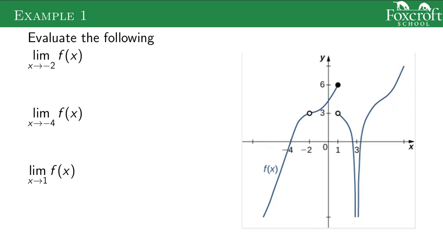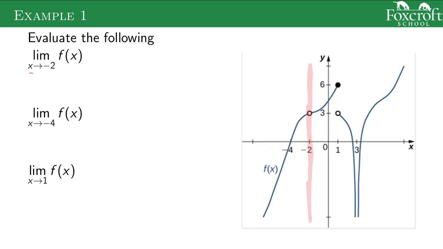All right, so in this example, we have a few different ones to look at. The first one, we have this graph. We're going to find the limit of f of x when x approaches -2. So our x value that we care about is -2, and we figure out what y values are happening there. What I like to do, especially when I have a screen like this, is look at my x value being -2, and think about this kind of strip of values where x is -2.